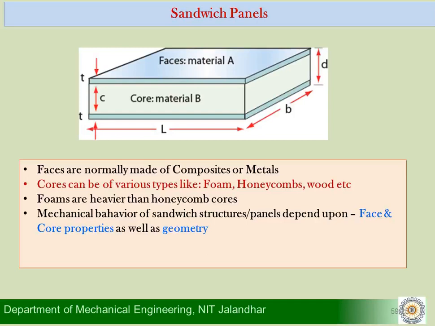So here also, in a sandwich panel, we will go by the same definition of the volume fraction, and we'll talk about the volume fraction of the face material. We'll see how we calculate that.